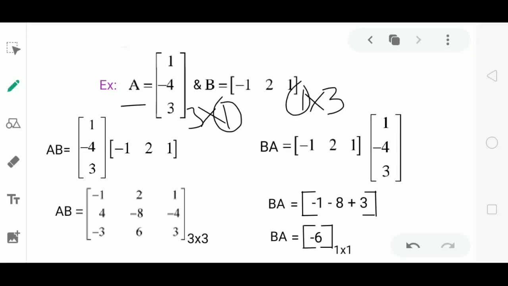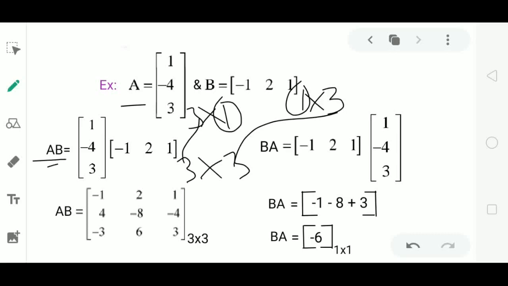Here, number of columns of matrix A is 1, number of rows of second matrix B is 1, both are equal, hence these matrices satisfy the condition for multiplication of matrices, and we can find the product of A and B. Now also we know that the product of these two matrices will be again a matrix of order 3 by 3, number of rows of first matrix by number of columns of second matrix.